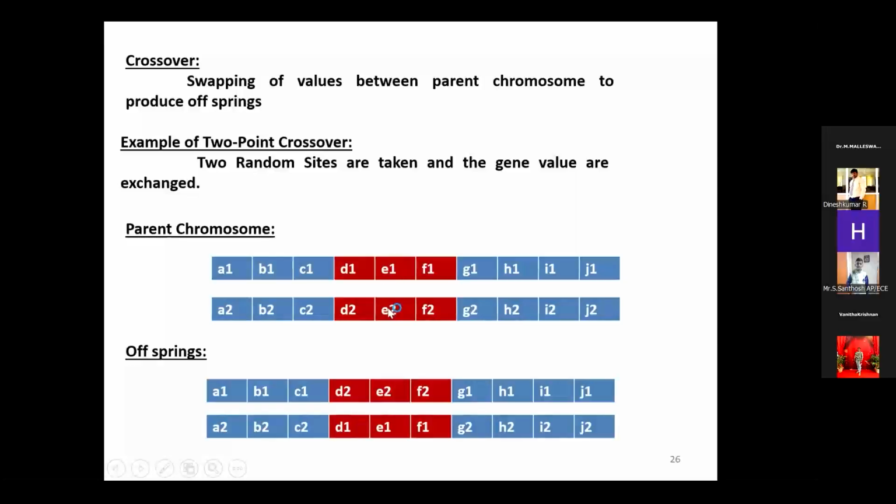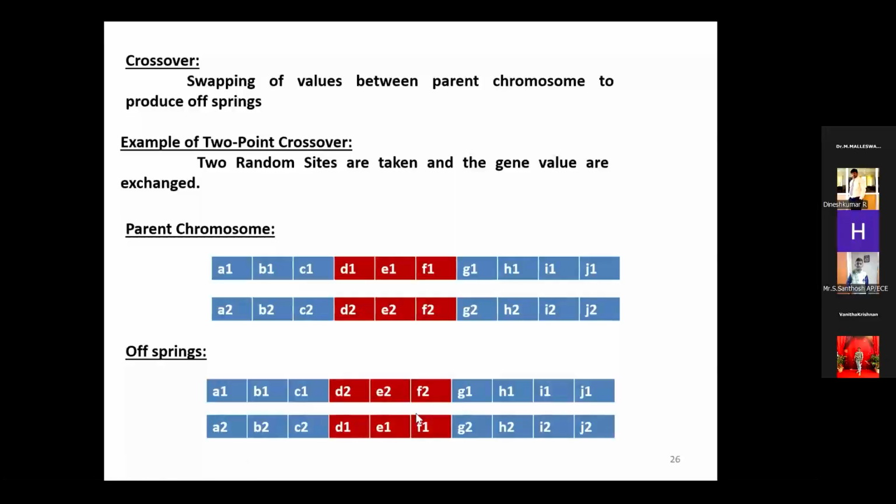Now the genes D1, E1, F1 are randomly swapped, so the new offspring becomes A1, B1, C1, now D2, E2, F2, G1, H1, I1, J1. The second offspring becomes A2, B2, C2, D1, E1, F1. It is like a small swapping I'm doing between my parent chromosomes and offspring chromosomes.